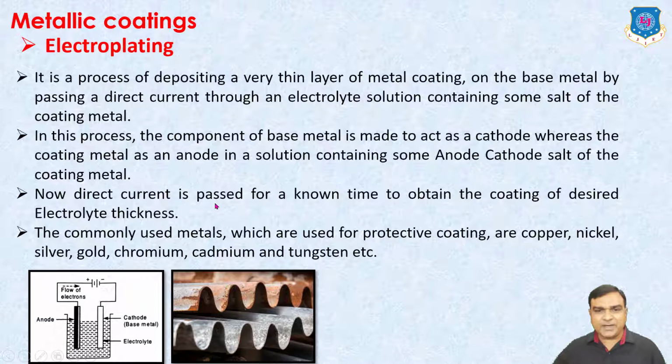Direct current is passed for a known time to obtain the coating of desired thickness. The commonly used metals for protective coating are copper, nickel, silver, gold, chromium, cadmium and tungsten.